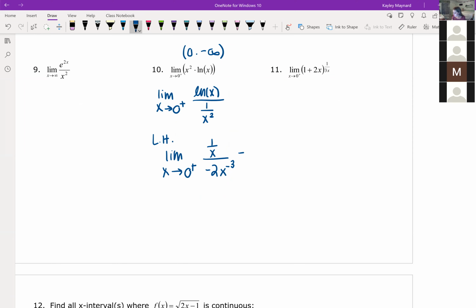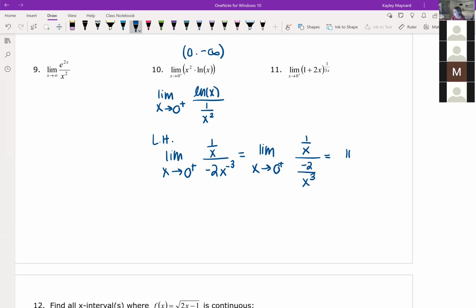So this is equal to the limit as x approaches 0 from the right of 1 over x divided by negative 2 over x cubed. When you have a fraction divided by a fraction, that's the same as the numerator multiplied by the reciprocal of the denominator.